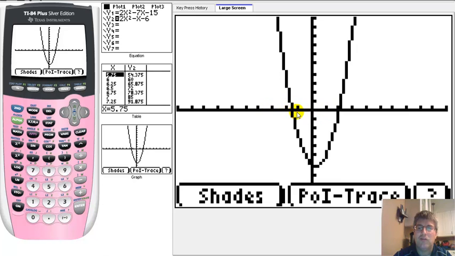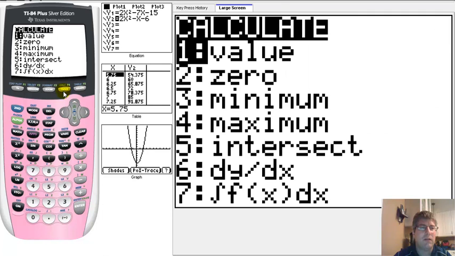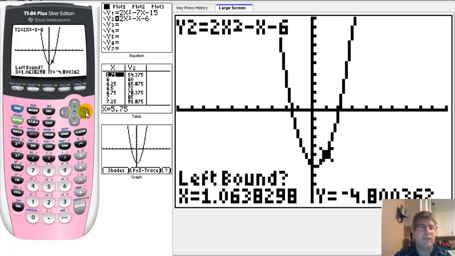So now I know I've got two x-intercepts. One here, again, this one looks like it's right around negative 1.5, and this one looks to be right around 2 somewhere. So let's take a look and see if we can find those. So we'll do second calc, find the zeros. The left boundary, I need something to the left of the x-intercept.